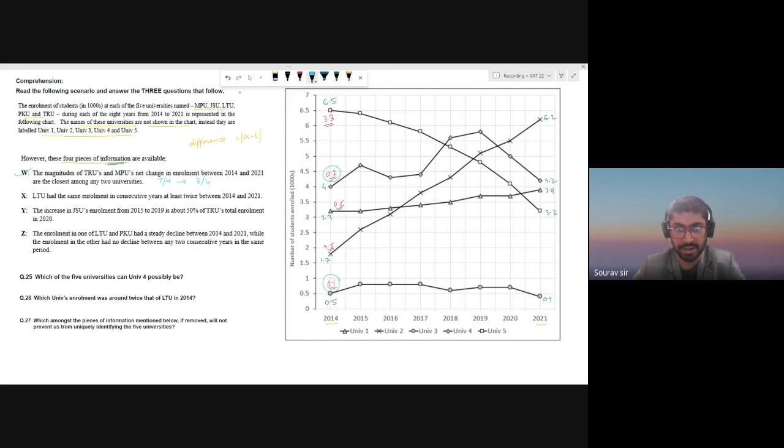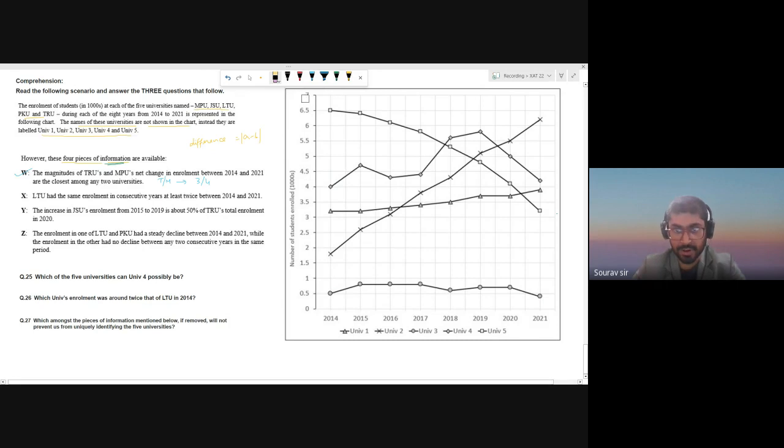Point W is done. Now moving on to point X. Let me remove the marks from this graph first. So point X says that LTU had the same enrollment in consecutive years at least twice in the entire graph.